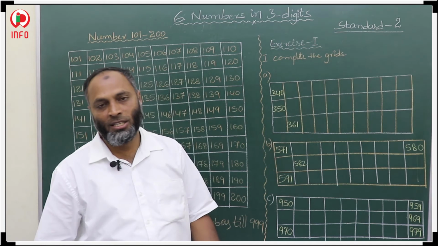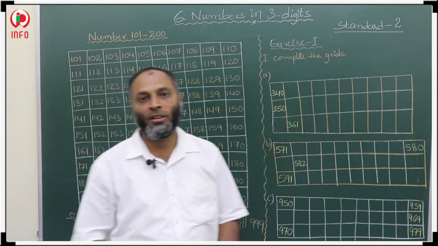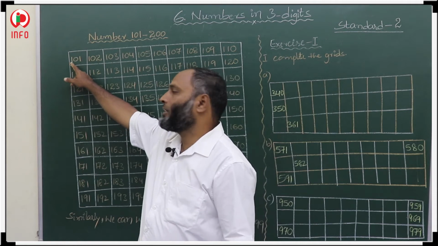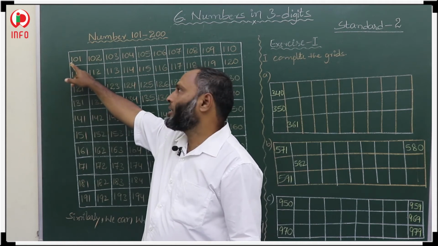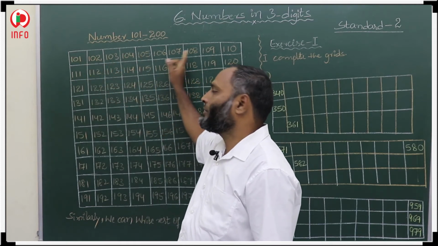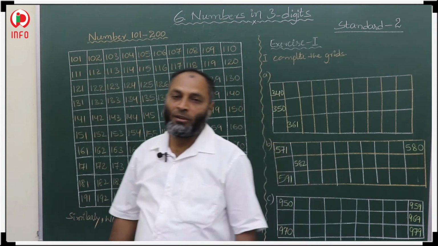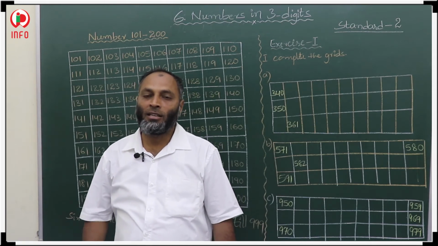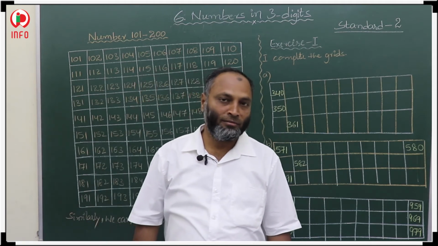It is very easy to write. In 100 we take 1 in the hundreds place, in 200 we take 2 in the hundreds place, and in the rest of the places we write serial numbers 2, 3, 4, 5, 6 up to 9, and in the tens place we keep zeros.